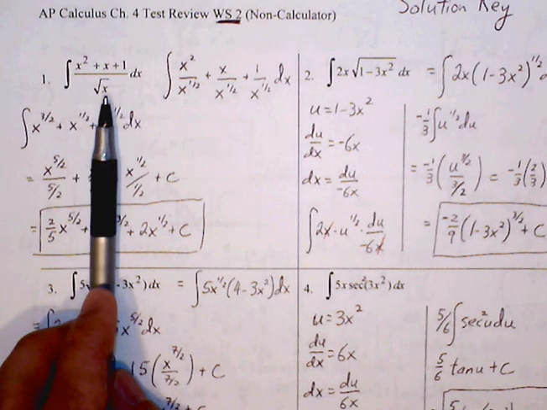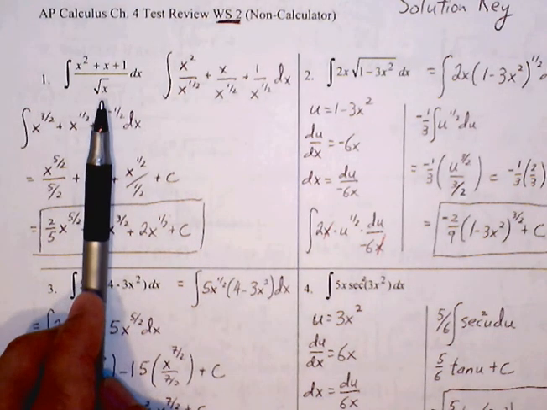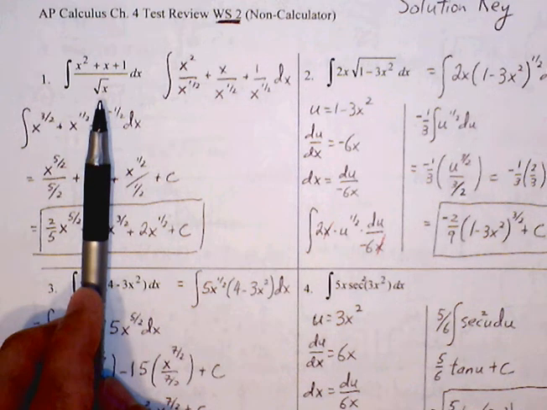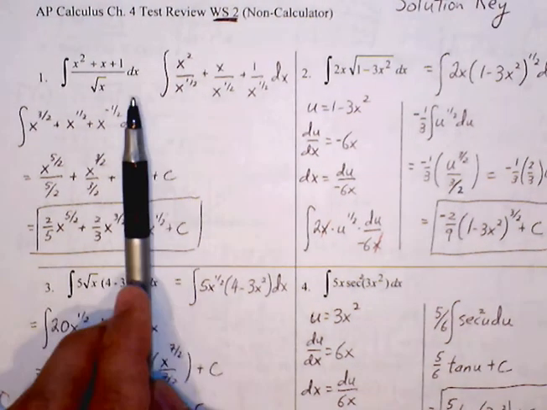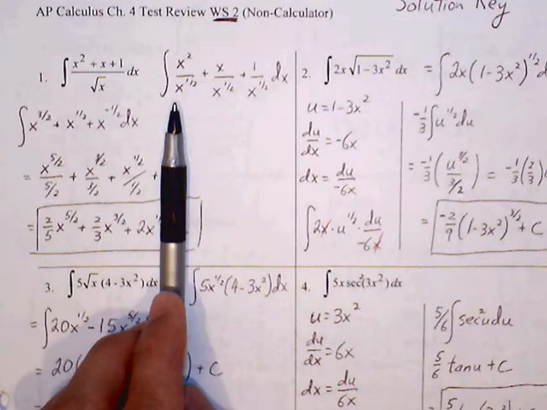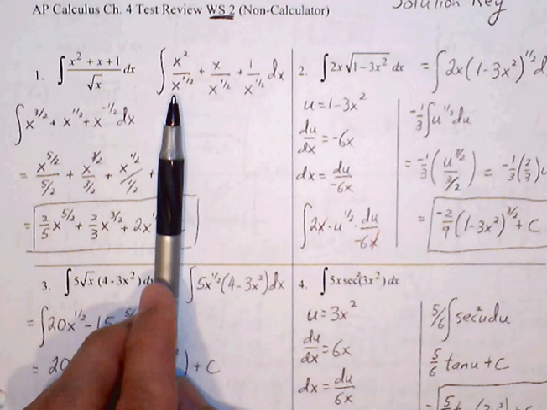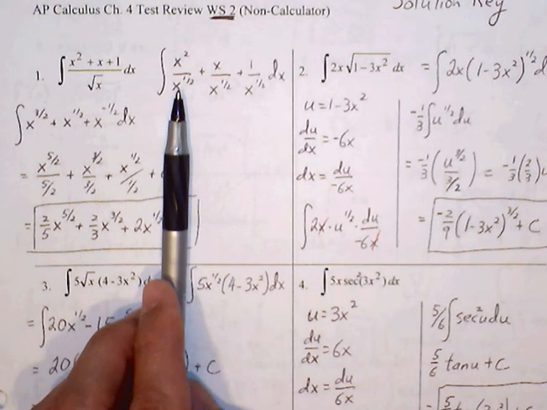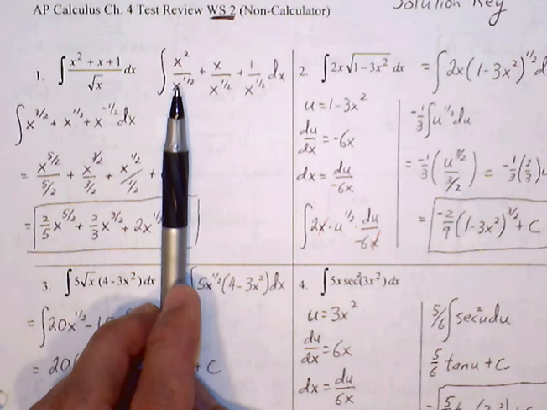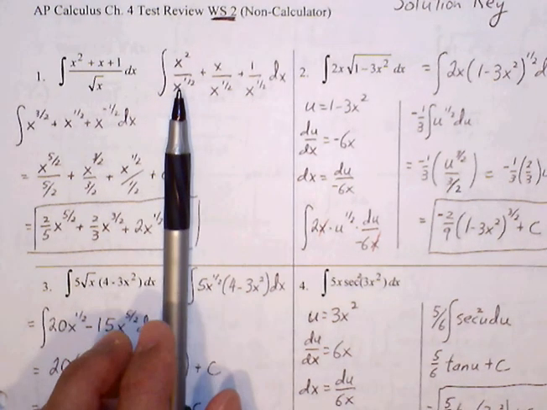So here we can simply expand because we only have one term in the denominator. We can split this up into the sum of individual fractions. And we'll rewrite square root of x as x to the 1/2. So we have these three fractions. Now we want to bring these denominators up to the top. Remember, anytime you are dividing like bases, you're going to be subtracting exponents.